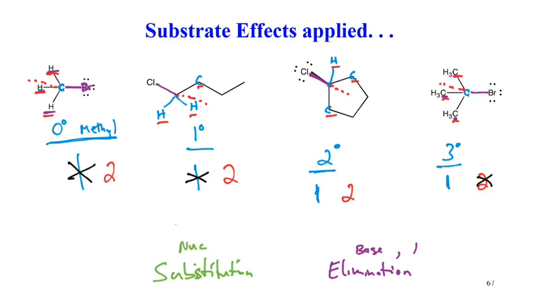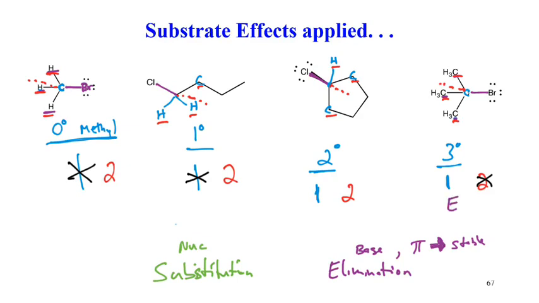In the elimination, it's the formation of that pi bond that helps distinguish. That pi bond is going to be our real differentiator between our substitution and our elimination. That pi bond is going to suggest that what we want to be looking for is stable pi bonds. Stable pi bonds form when they are more substituted, which means if we're going to look at substitution and elimination, I want a pi bond where there's more carbons.